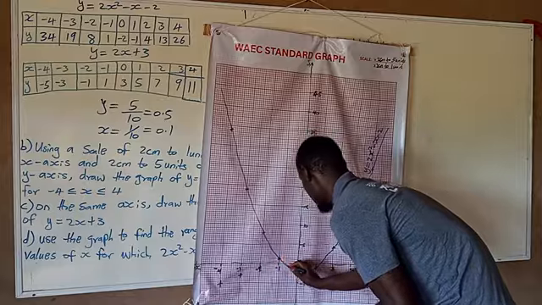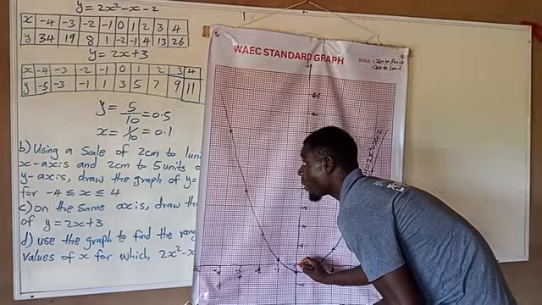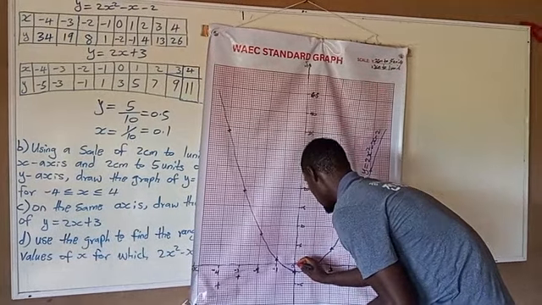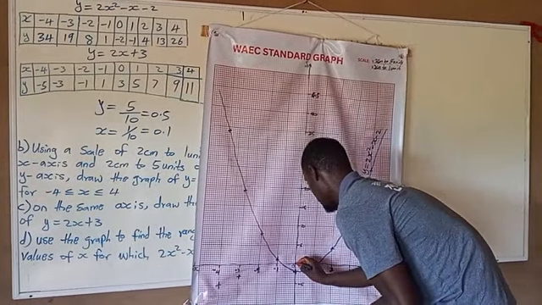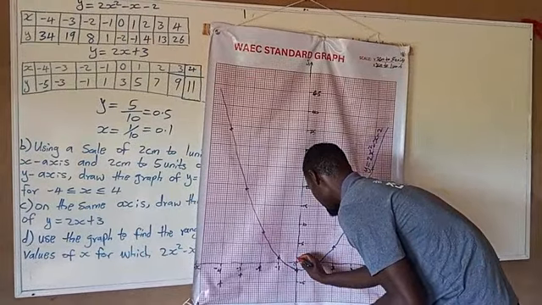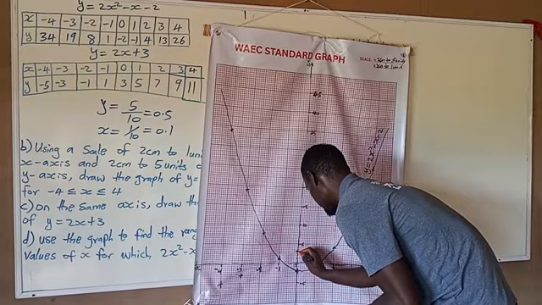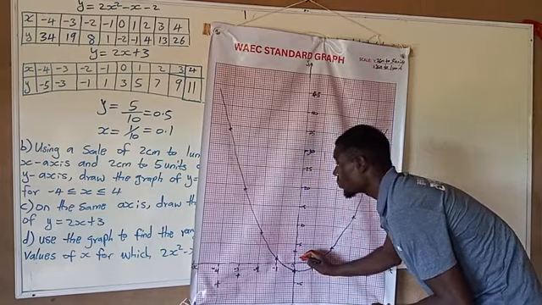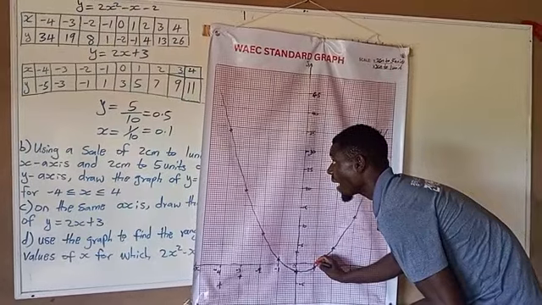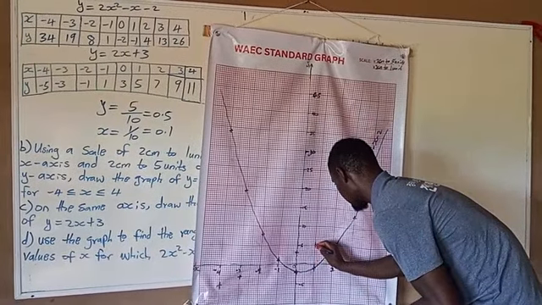When x is 0, which is my y-intercept, y is positive 3. So I count 1, 2, 3. When x is positive 1, y is 5.